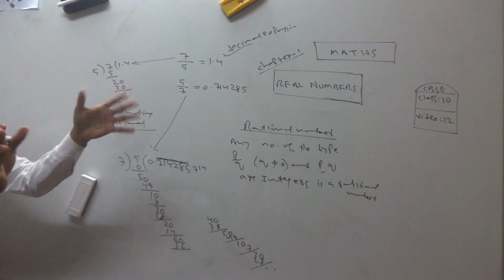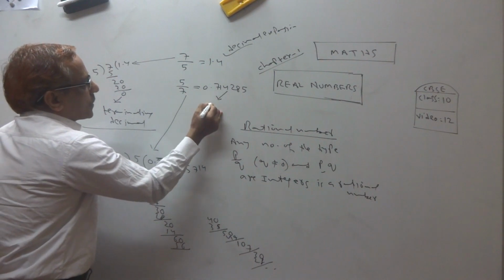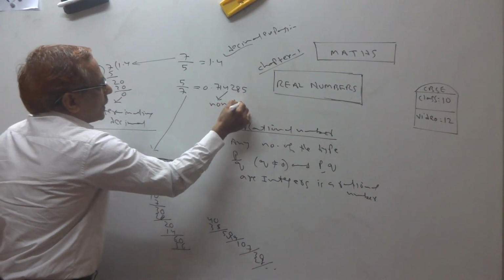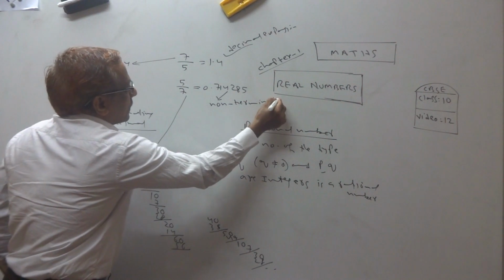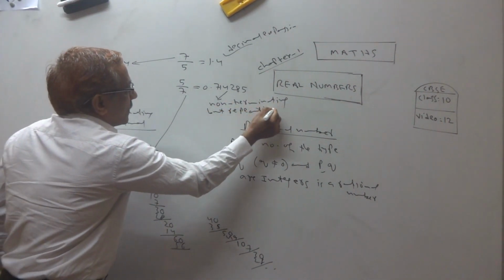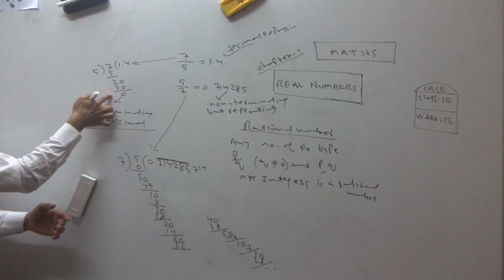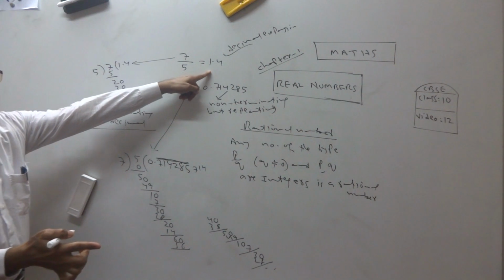It never ends. So this is the second type. This is called non-terminating but repeating. It never terminates, you never get 0. Here you got 0, this is the first type.